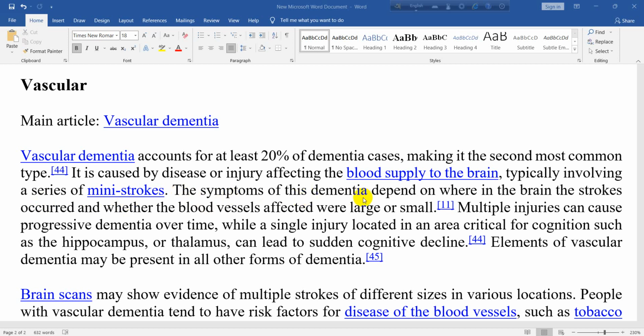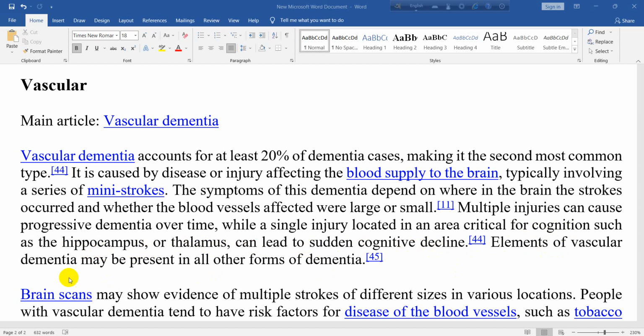The symptoms depend on where in the brain the strokes occurred and whether the blood vessels affected were large or small. Multiple injuries can cause progressive dementia over time, while a single injury located in an area critical for cognition, such as the hippocampus or thalamus, can lead to sudden cognitive decline.